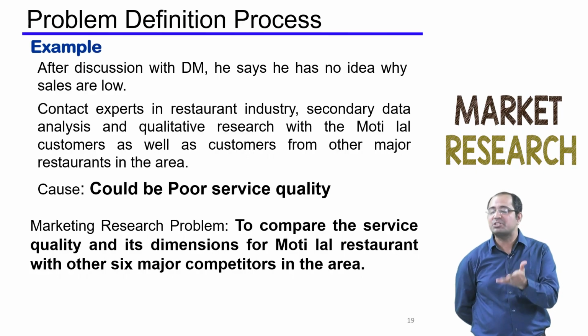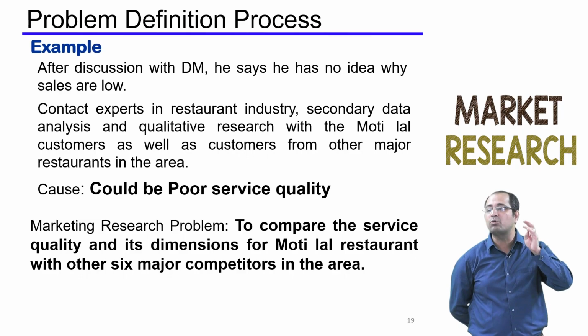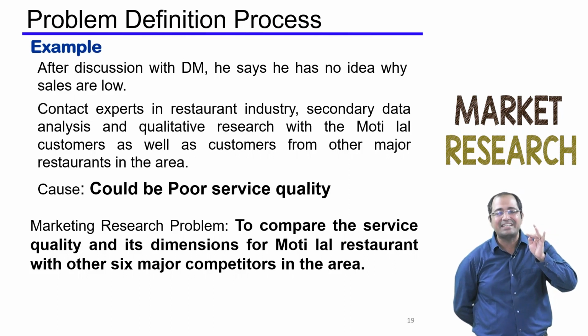and its constituents, because when we talk about service quality, what all we could be talking about? If I say a restaurant has a poor service quality, it could be that the employee staff is not courteous, they don't take timely order, they don't provide timely seats to you, they take a lot of time to give you the order.